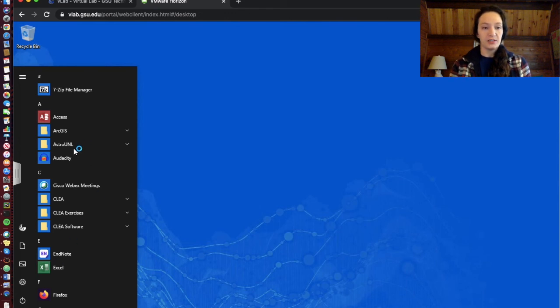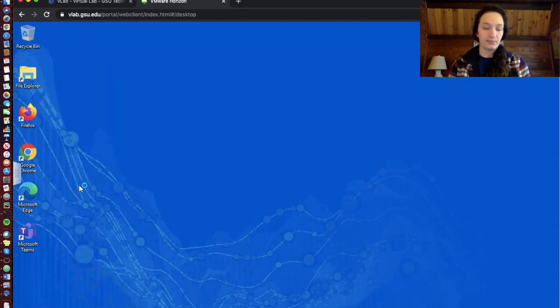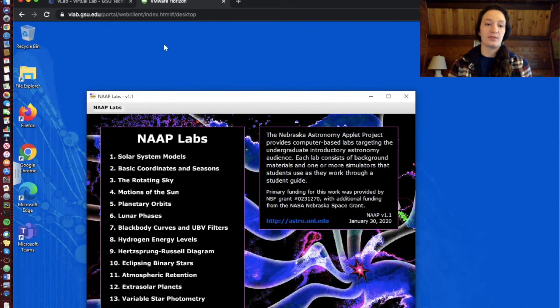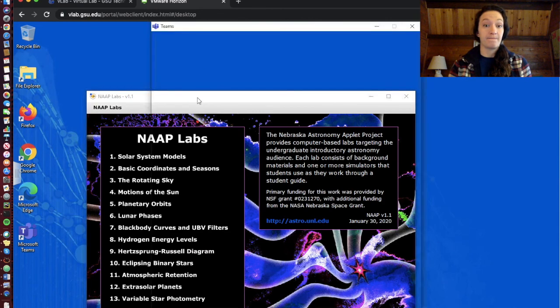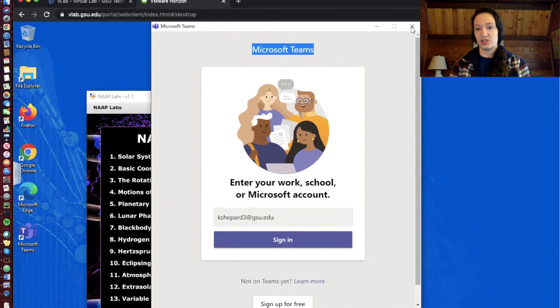From here, click Astro UNL, and from that drop-down menu, click NAAP Labs. This will start opening up our simulation. Don't worry about Teams if a Teams window pops up. We're not working in Teams, so just exit out of that.